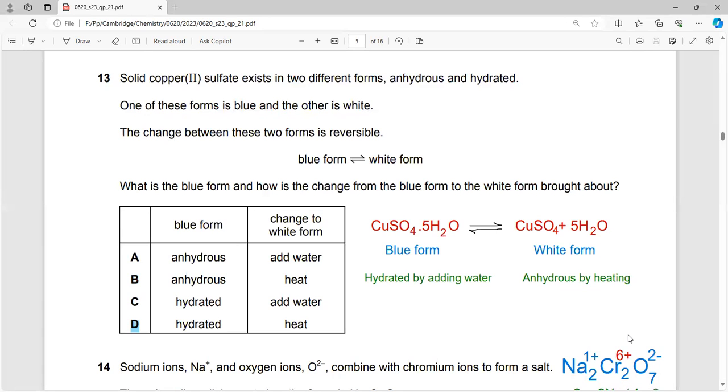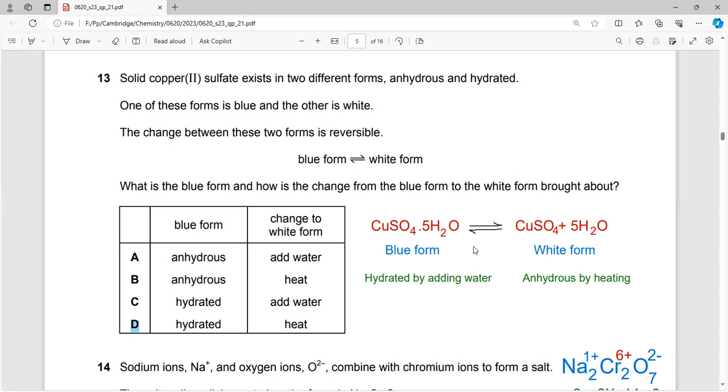What is the blue form and how does it change into the white form? If you have hydrated copper sulfate, water is part of this copper sulfate molecule. This is called hydrated copper sulfate, and it gives a blue color.